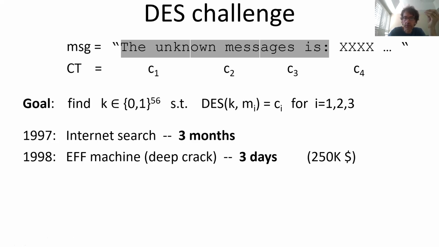Then a single machine was built, at significant cost, but it would speed this up to just 3 days. So this shows that you shouldn't use it for banking. Somebody can invest $250,000 and basically destroy all encryption of a bank within a day, and that was 20 plus years ago.